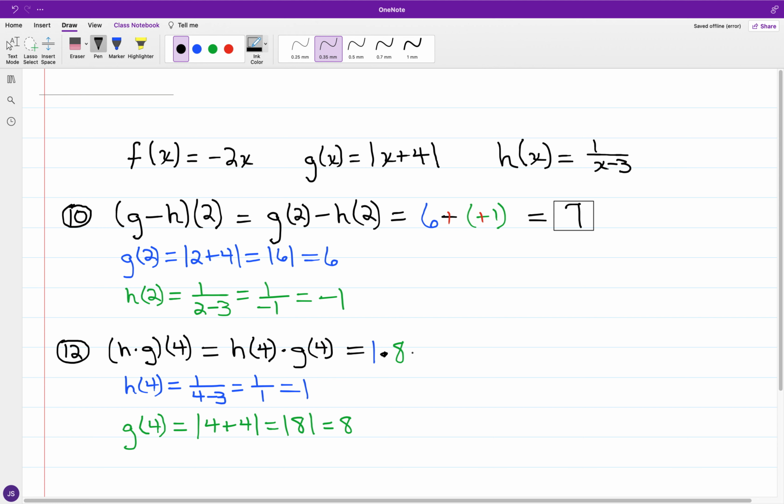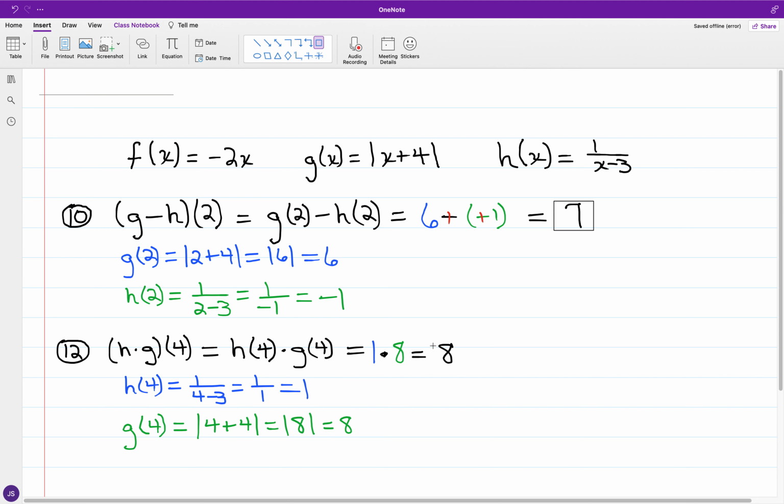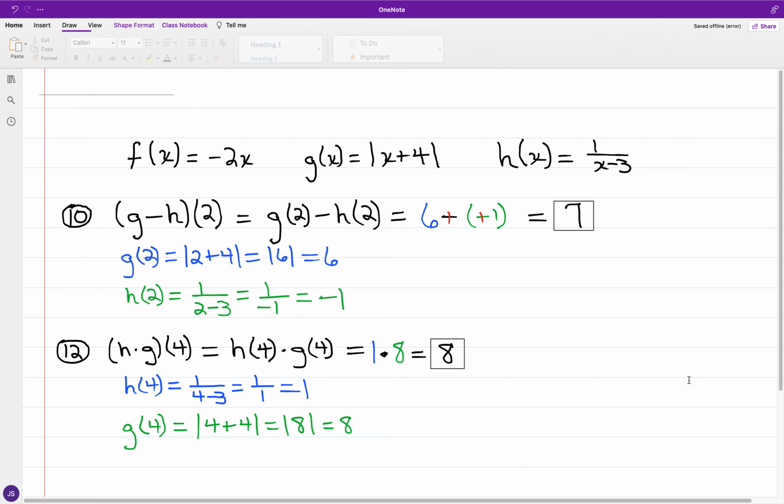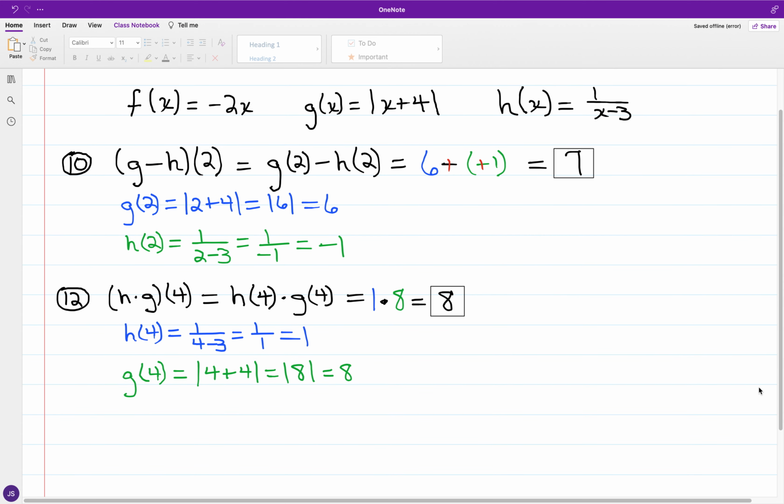Now in the case of number 14, we are now working with the function f, and in this one we have f plus h of 5.